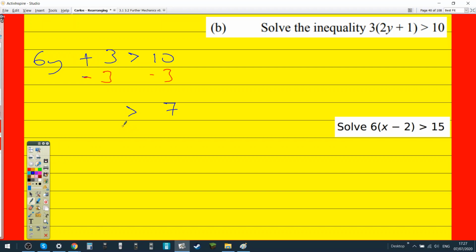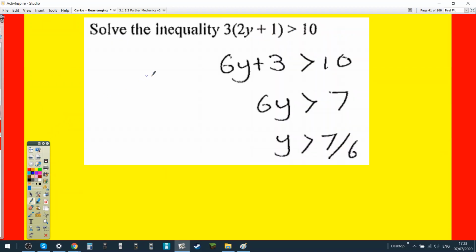Yep. 6y is 7. So 1y would be 7/6. That's it. Well done. Any questions with that one? Nope. 7/6.